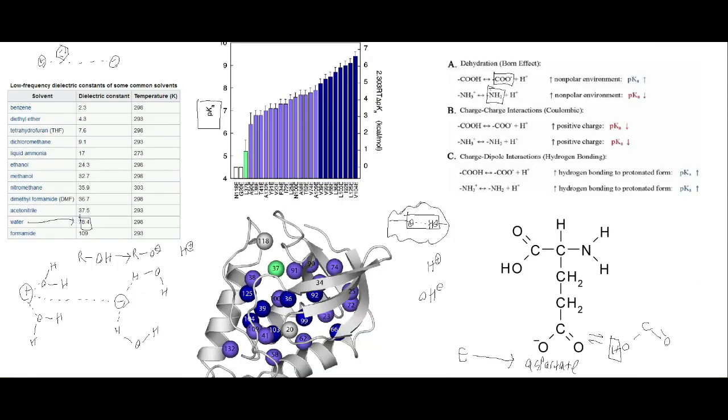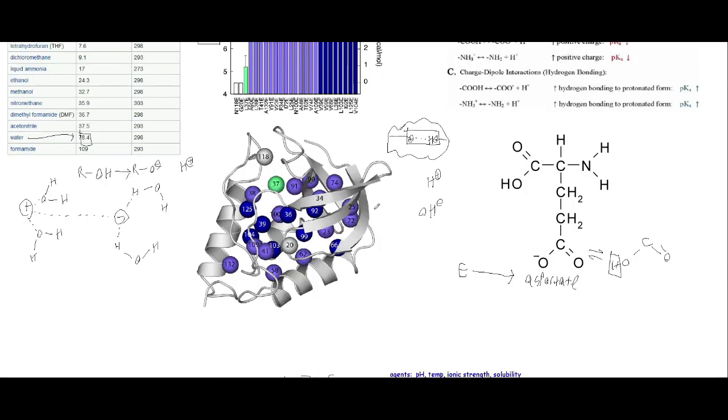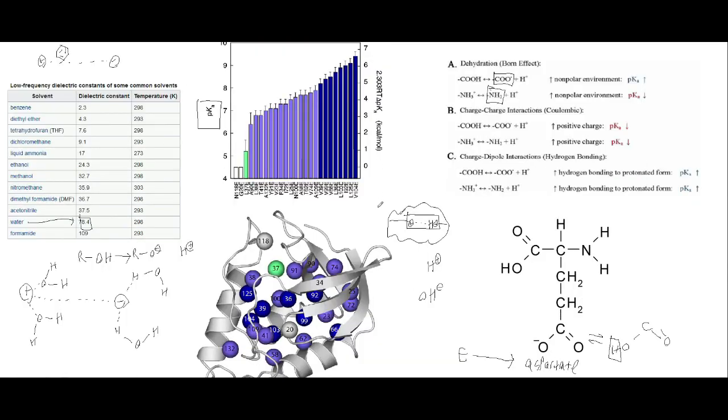And then we can also use the dielectric effect to change the pKa of our amino acids, and generate these ionic bonds. And as we'll see later too, changing the pKa is another way that you can change the function of, say, an enzyme.